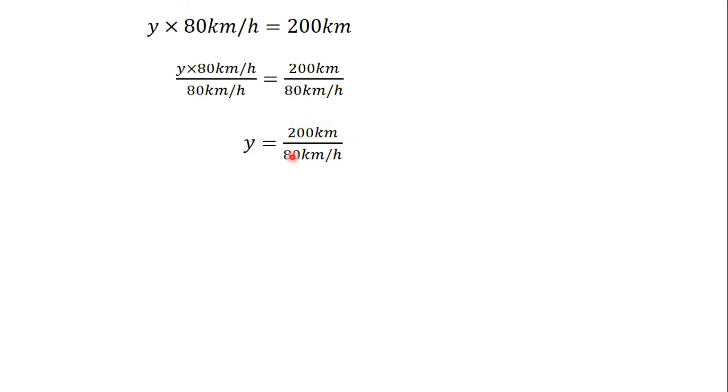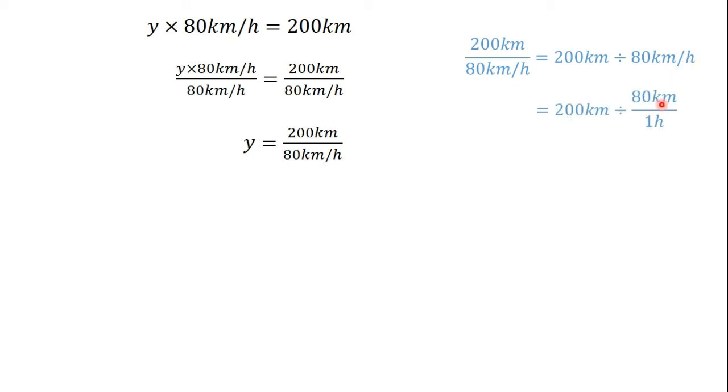Once again, I'm going to explain to you how the units cancel each other out here. 200 kilometers divided by 80 kilometers per hour. In the previous slide, we learned that 80 kilometers per hour can also be written as 80 kilometers divided by 1 hour.